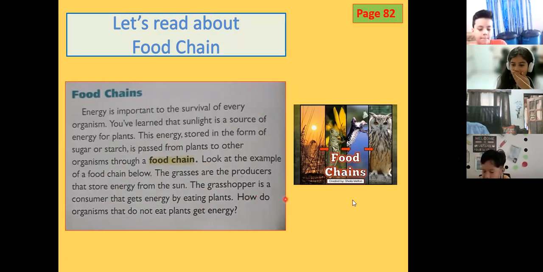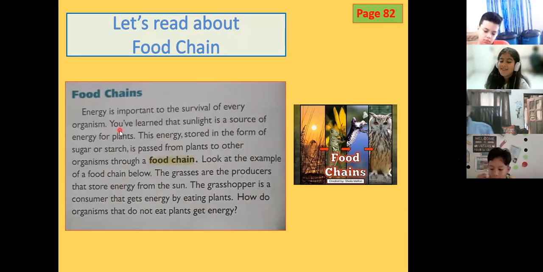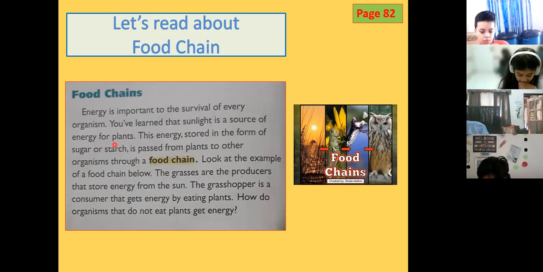Energy is important to the survival of every organism. You have learned that sunlight is a source of energy for plants. This energy, stored in the form of sugar or starch, passes from plants to other organisms through a food chain.